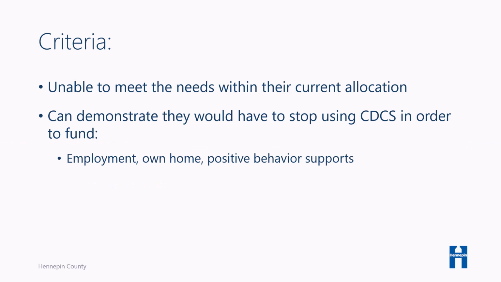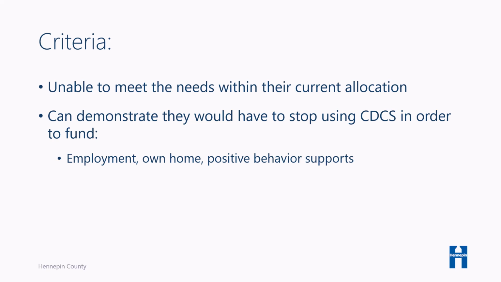The basic criteria for a budget exception is that the person's employment, behavior, or own home living needs cannot be met with the current allocation amount. The CDCS CSP needs to reflect all the needs of the person and how they will be supported within the budget.